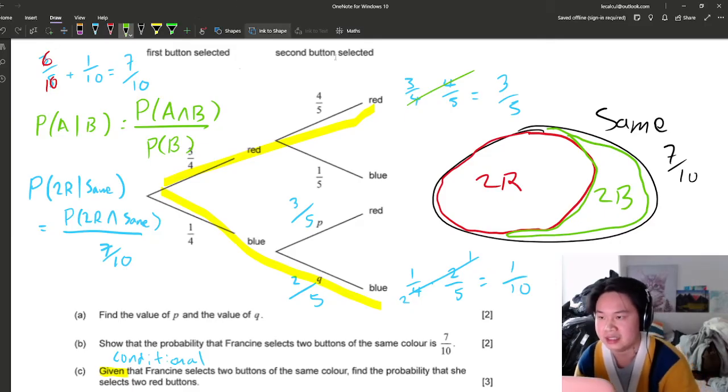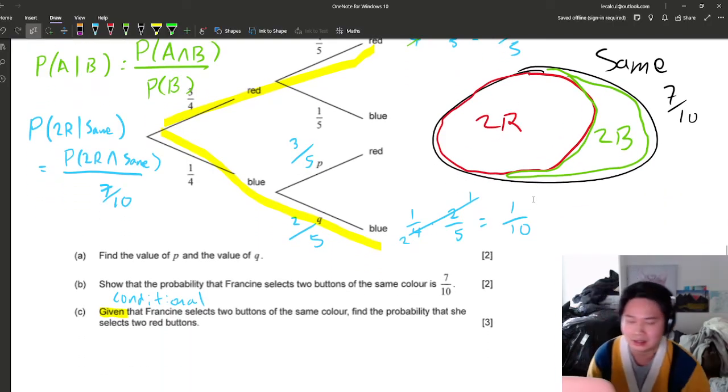In other words, the intersection between 2 red and the same is just the probability of 2 red, because it's a subset of having 2 of the same color. There's no outside part for 2 red. So this is the same as the probability of 2 red up top.